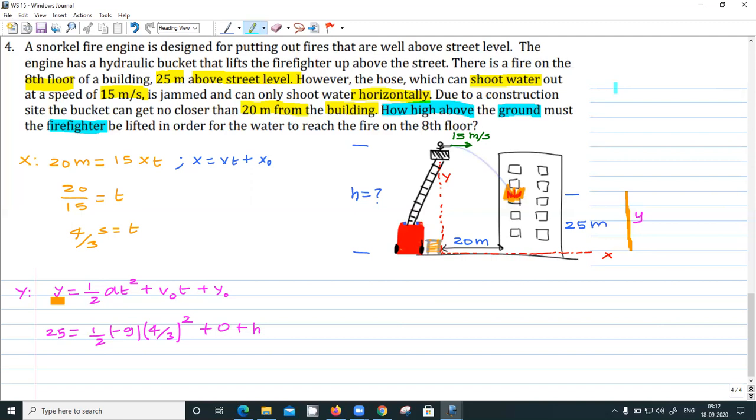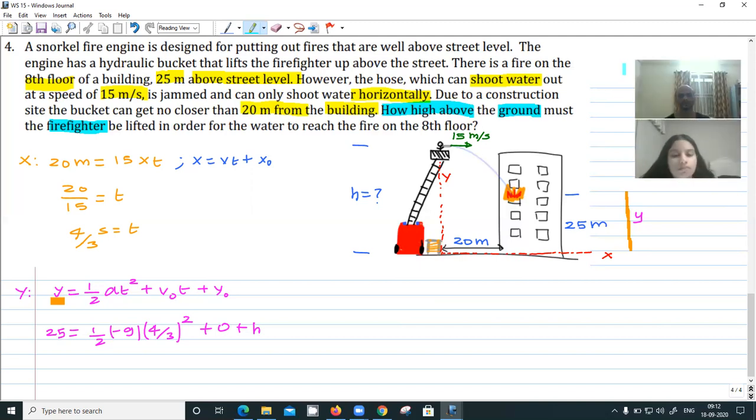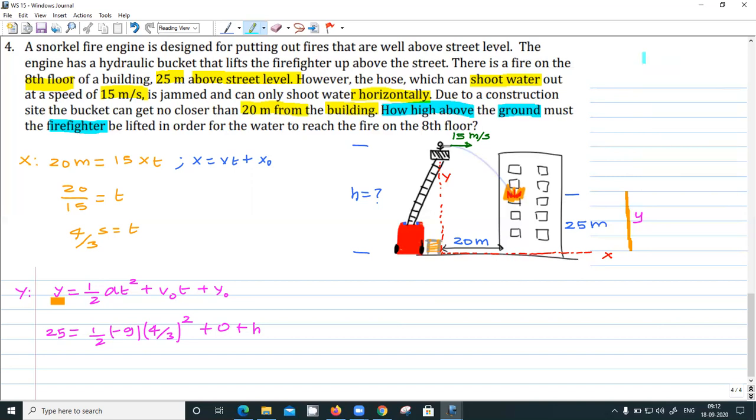I got my height is 33.3. Okay, check the answer. 33.3 meters. Is it correct? Yes. You can see my steps, right? Yes.